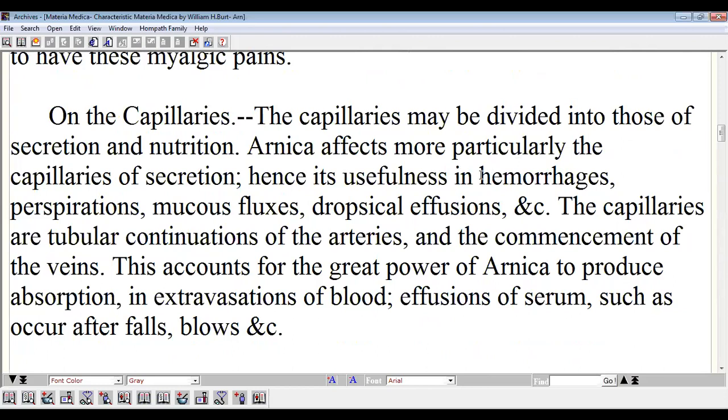Hence, it is useful in hemorrhages, perspiration, mucus fluxes, dropsical effusions. The capillaries are tubular continuations of arteries and the commencement of the veins. This accounts for the great power of arnica to produce absorption in extravasations of blood, effusions of serum, such as occur after falls and blows.